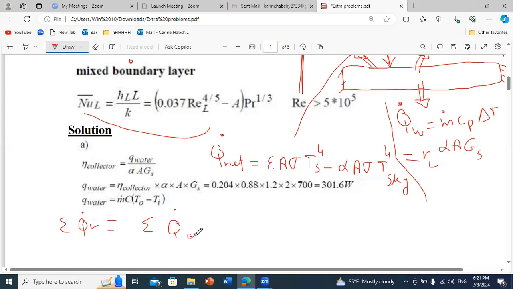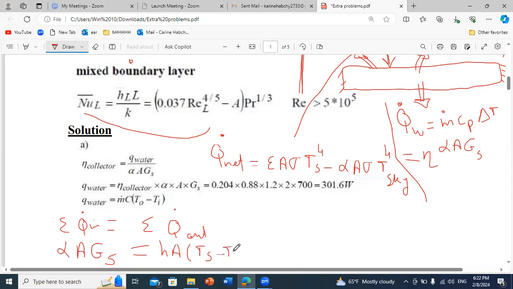Okay, and then what do we have as inlet? The only inlet is the absorbed flux from the sun. So alpha times A times G sun equals, we have the convection, so H times A times T surface minus T air.